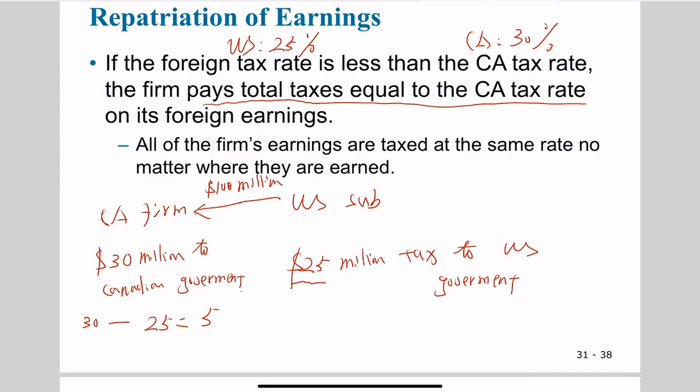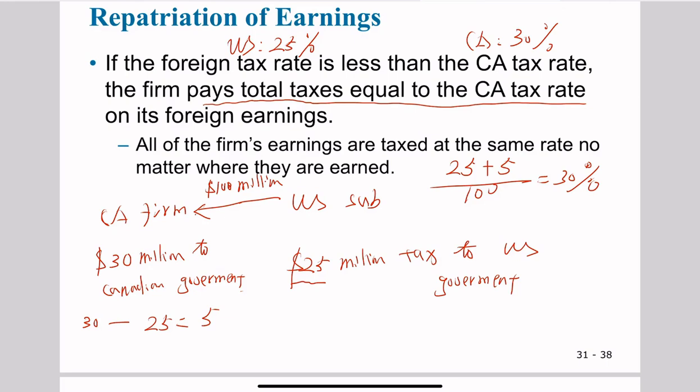And after the tax credit, the net liability in tax would be $5 million. And you can see that in the end, the firm's tax would be 25 plus 5 divided by 100. So it's 30%, right? So it's exactly the same tax rate as the tax rate in Canada.